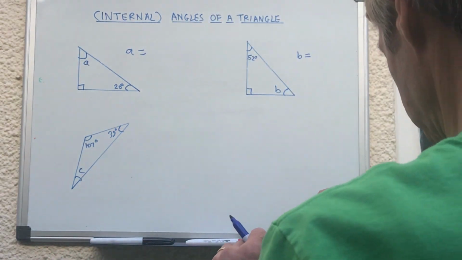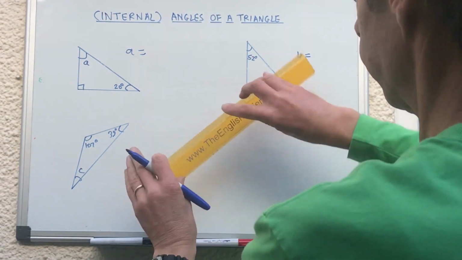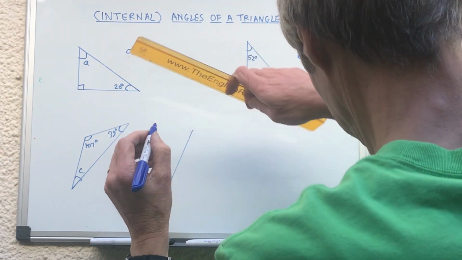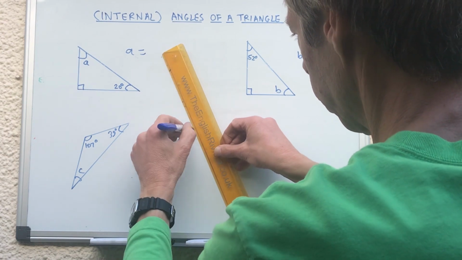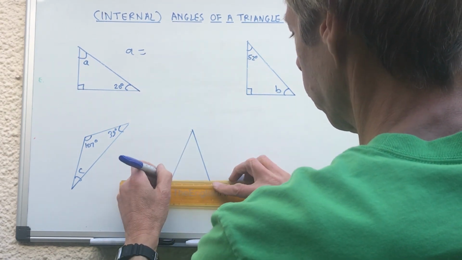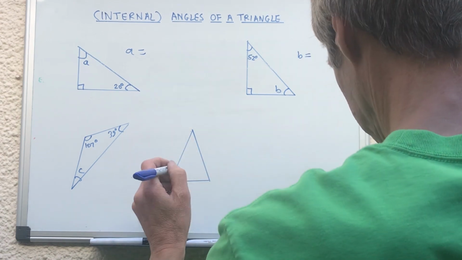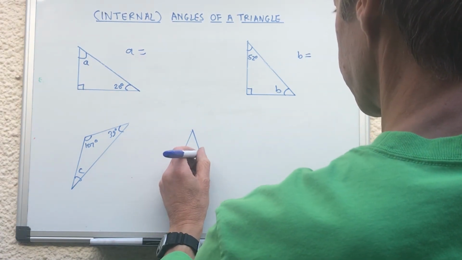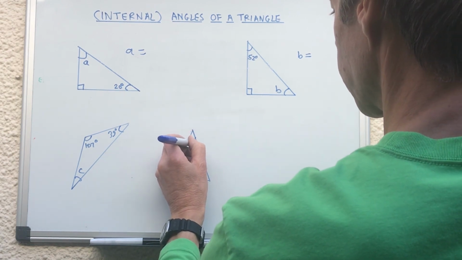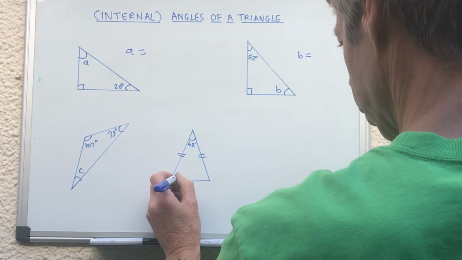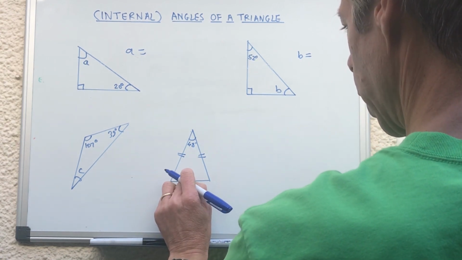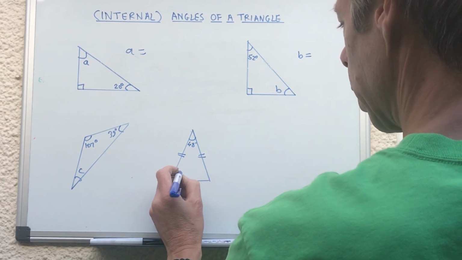Then our last one, given this triangle. I'm going to call that D, not X, because we've done ABC.